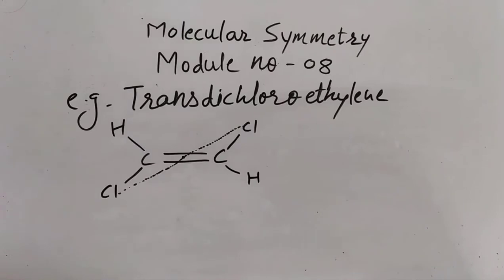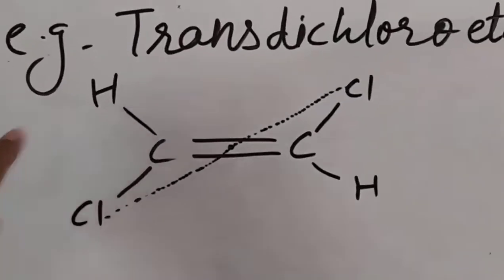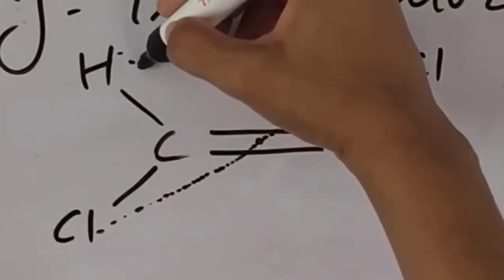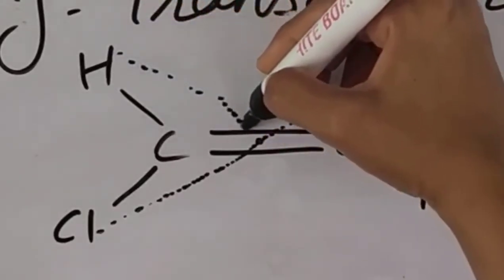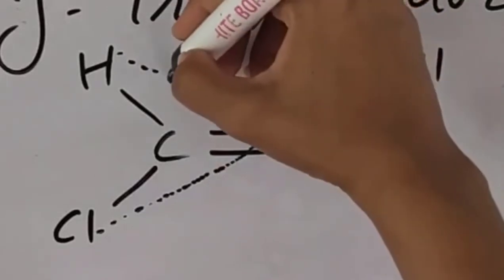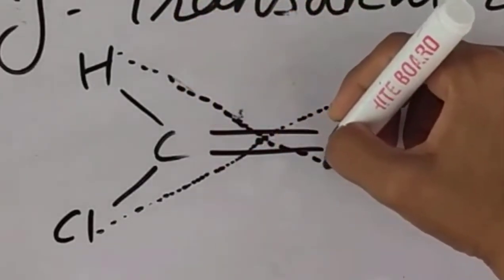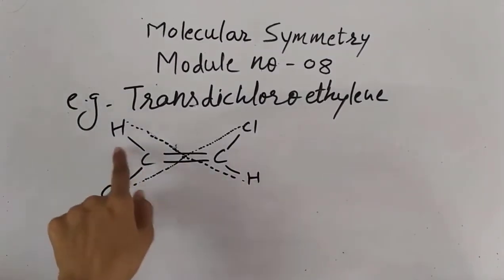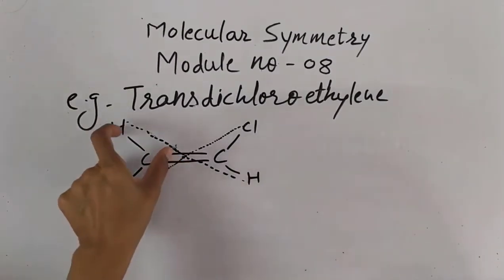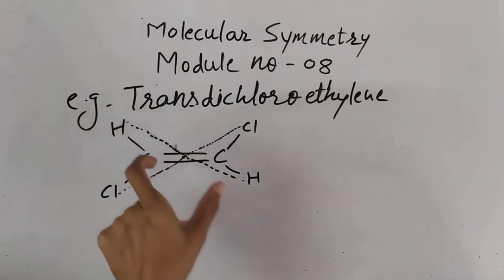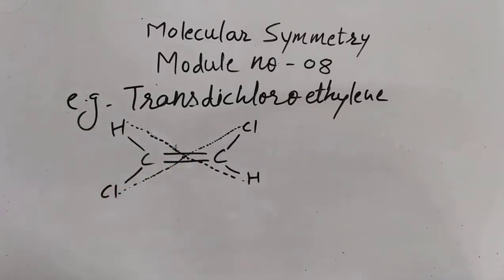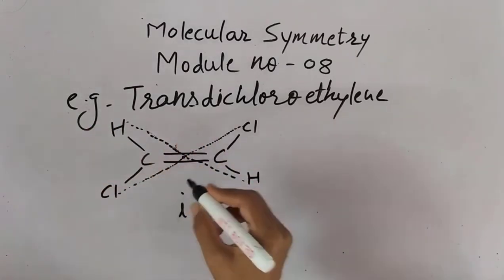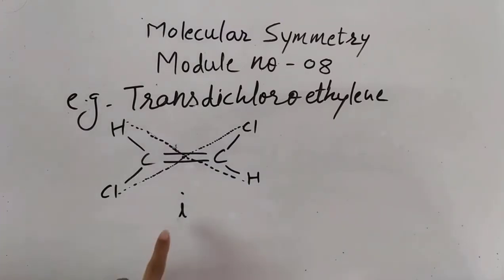Is it clear now? Let's do it by choosing the hydrogen atom. Start drawing a line from the hydrogen atom, pass it through the center of gravity of this molecule and extend it in the opposite direction. Are you getting the same atom at equidistance and opposite direction? Yes. It means this trans-dichloroethylene molecule possesses the i symmetry element.